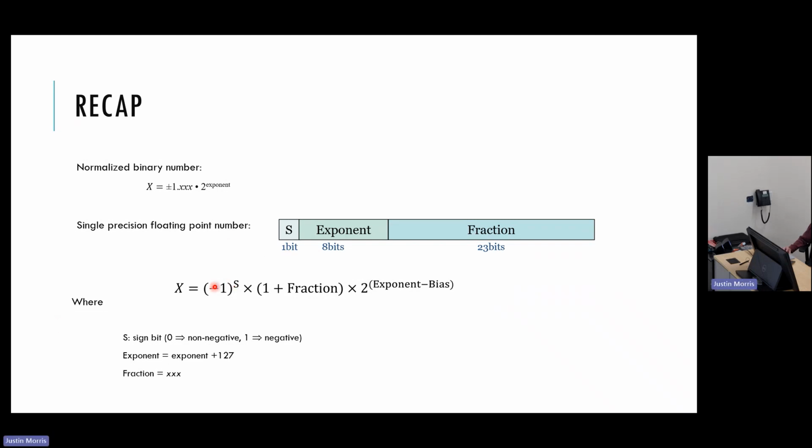We have this format, right? We have 1 bit for the sign bit. The next 8 bits are for the exponent with the added bias, right? And then the last 23 bits are for the fractional part of the significand. And the 1 is just implied, right?